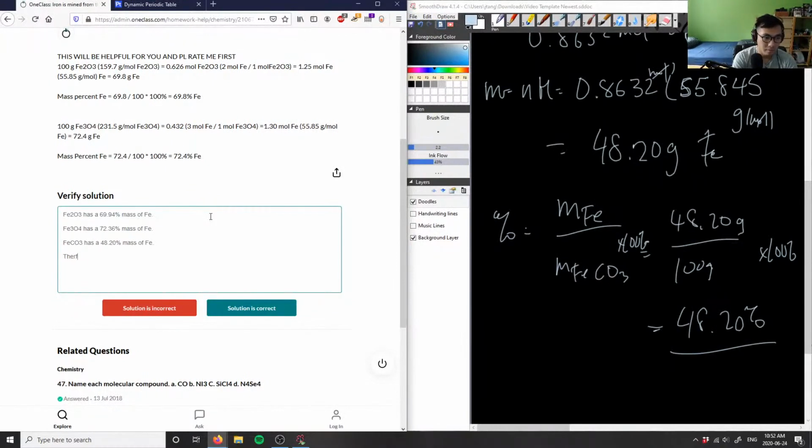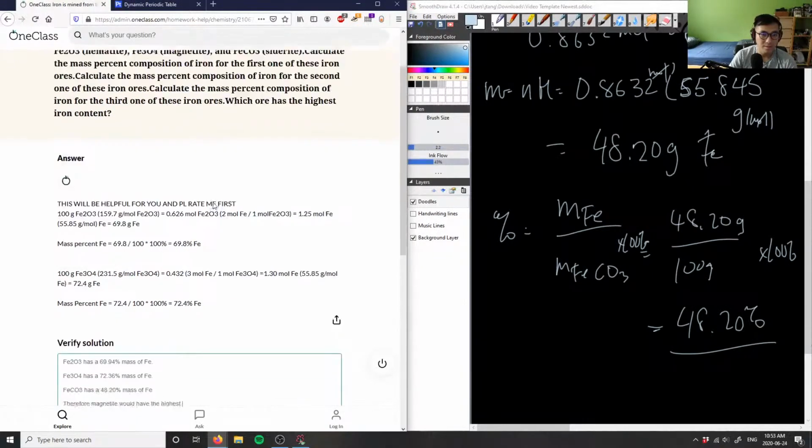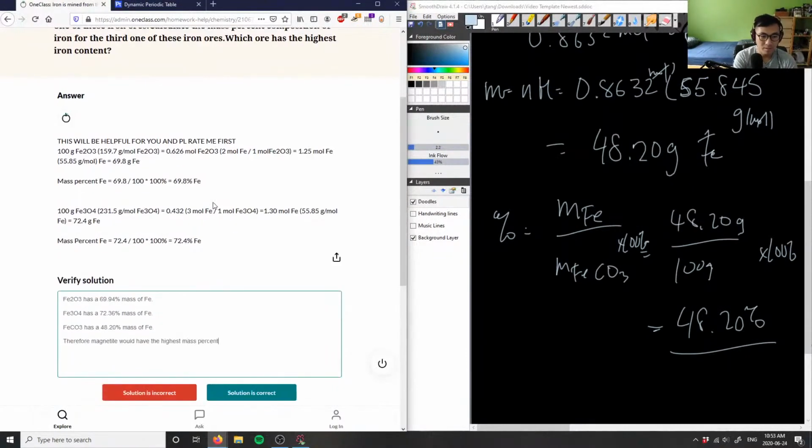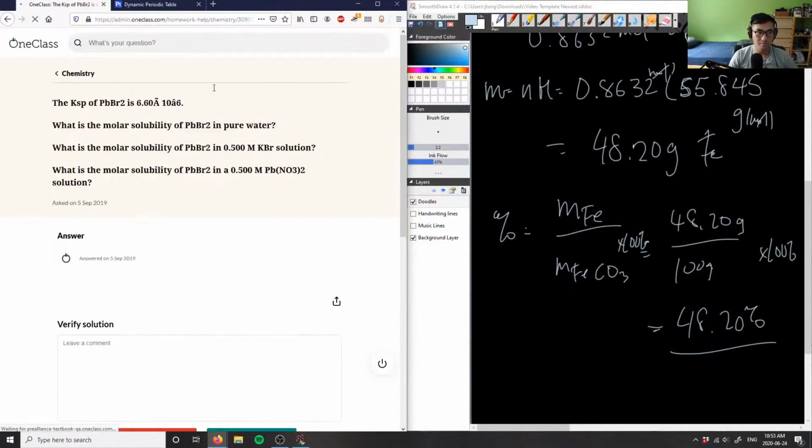Therefore, magnetite would have the highest mass percent composition of iron. So the solution is partially correct because they only figured out the first two. So I'm going to say incorrect just to help fix that up.